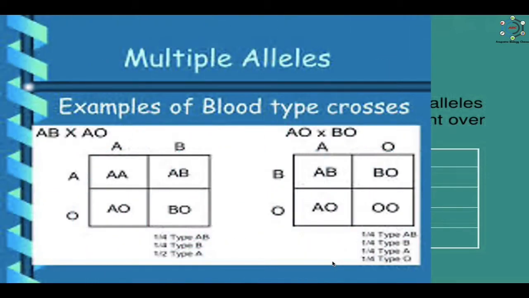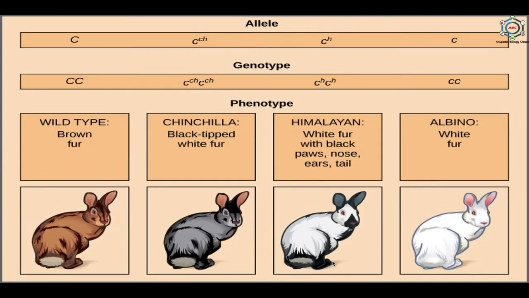The blood groups are inherited and do not change in an individual's lifetime, and they are a useful indicator of parentage. Some other examples: Drosophila has 15 alleles for eye color, and the rabbit, which you can see in the picture, shows 4 alleles for coat color, that is wild type, chinchilla, Himalayan and albino.